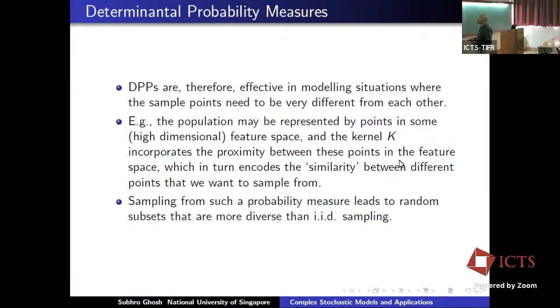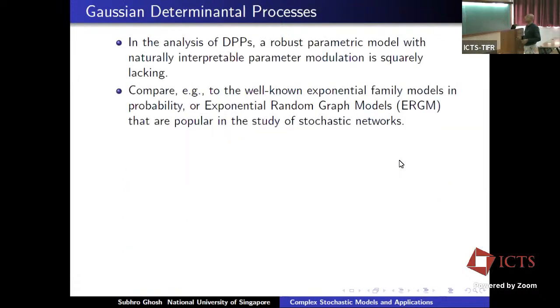So that's our goal, and this is what we would call a robust parametric model. What we would additionally want is that if we vary the kernel K within this parameter space, then the impact on the statistical behavior of the points should be easily interpretable.